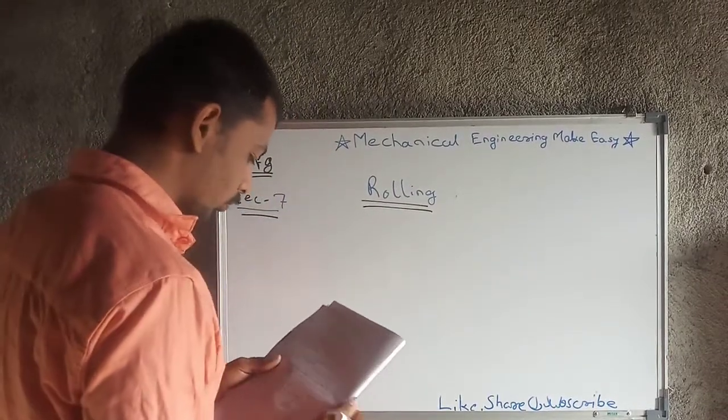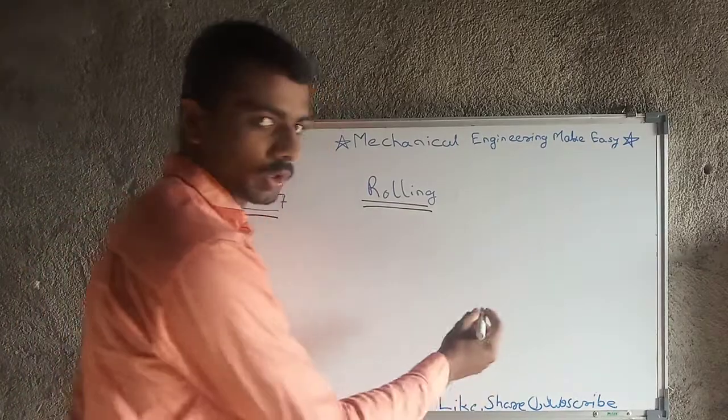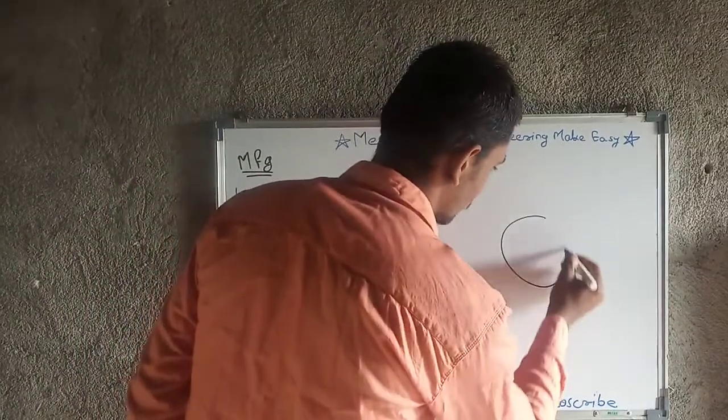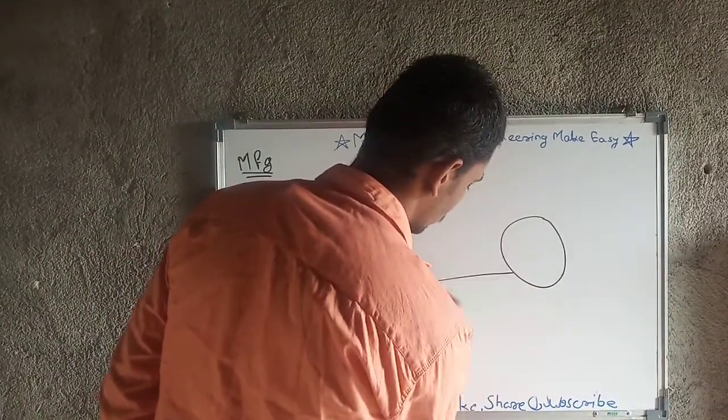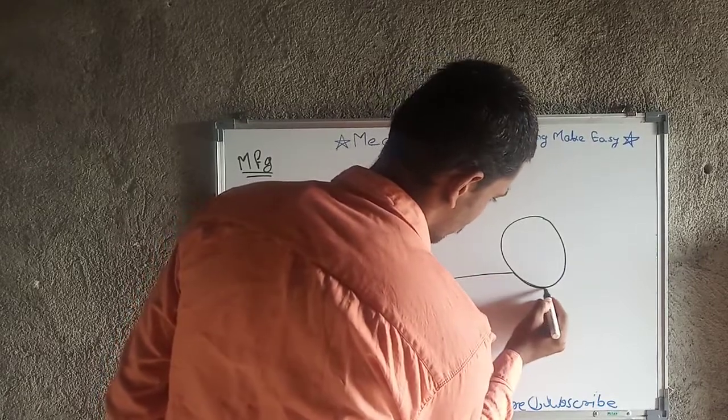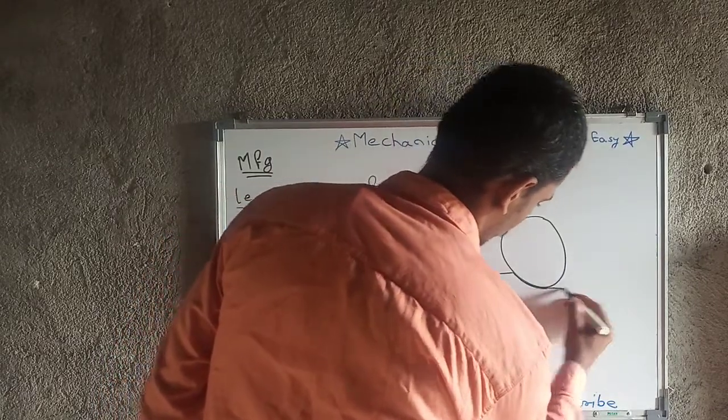The next formula is the length of deformation zone. What was that deformation zone? This was the roller, and this is the total length of deformation zone.